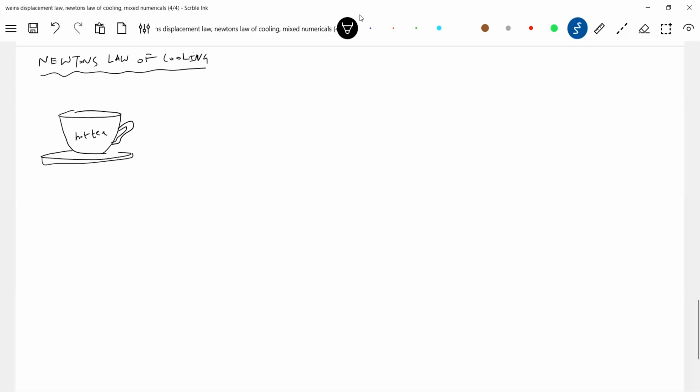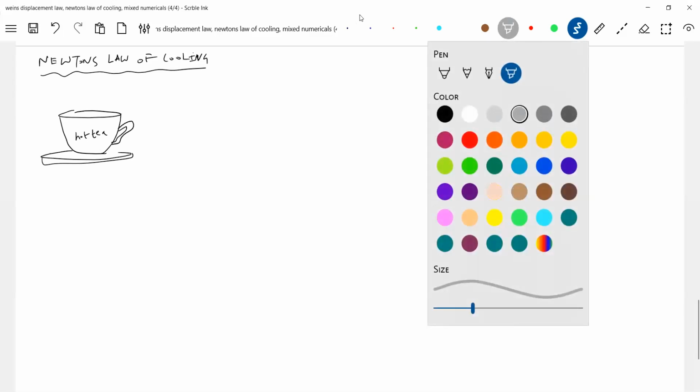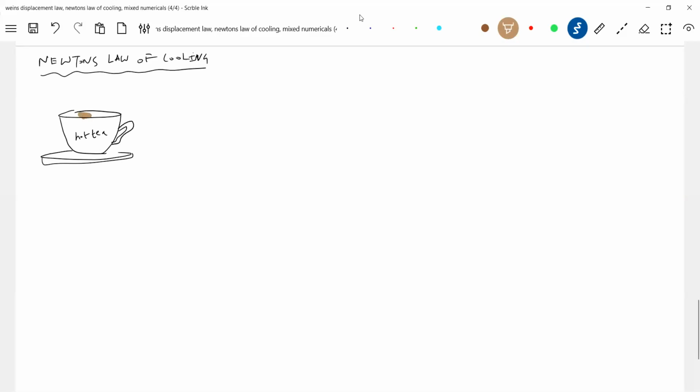Hot tea. When you keep that hot tea, where will you drink tea? Surroundings will be there, and you can say the radiation will occur like this. So I wanted to know how the temperature of this will vary with the time.